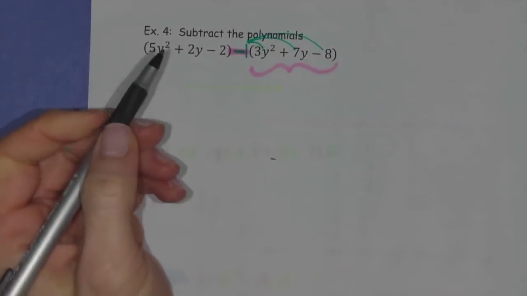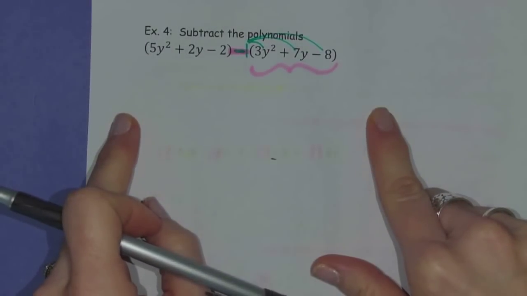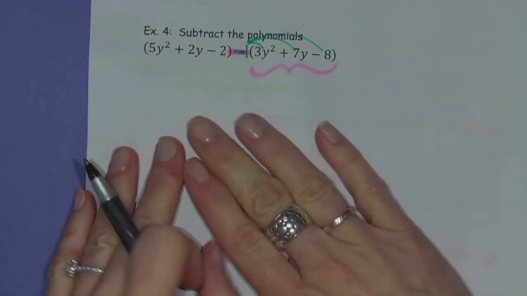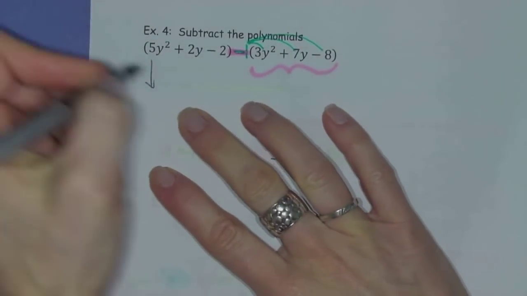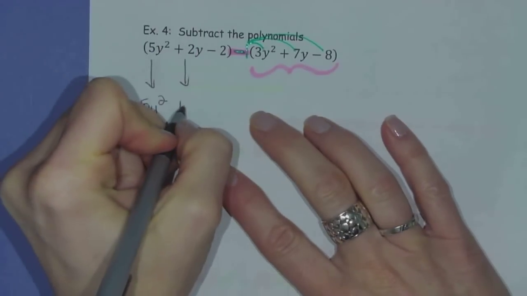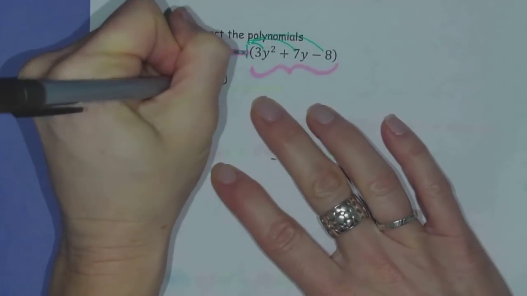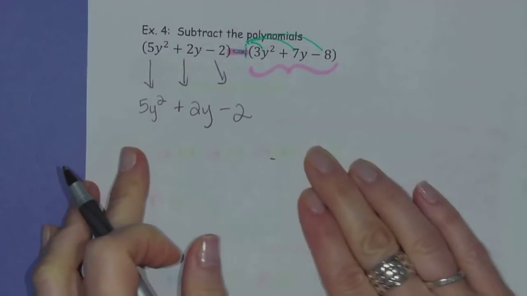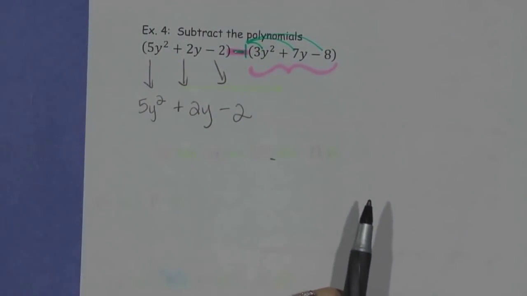So what I like to do is rewrite my problem after distribution. So what I'll do is I'll just carry the front down. 5y squared plus 2y minus 2. So nothing changes. I just sort of drop the parentheses.